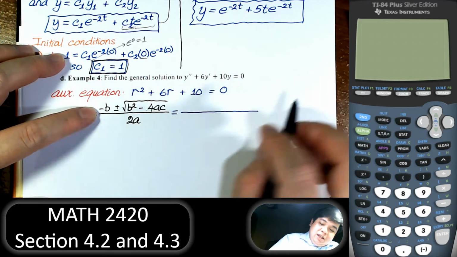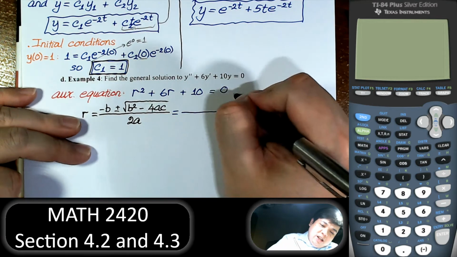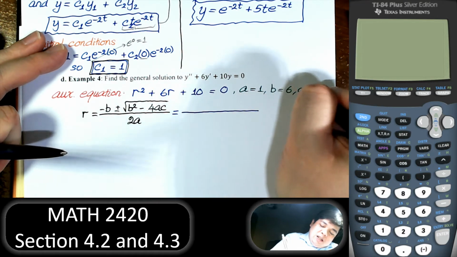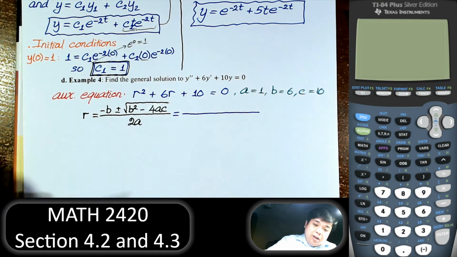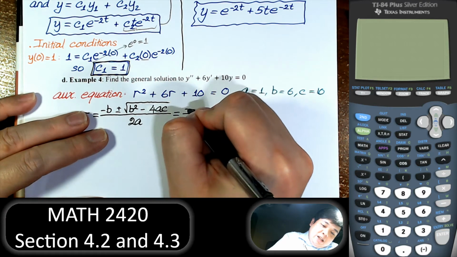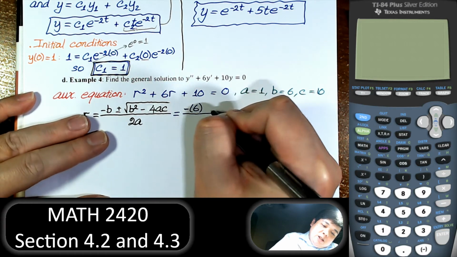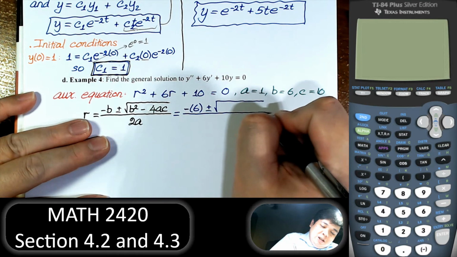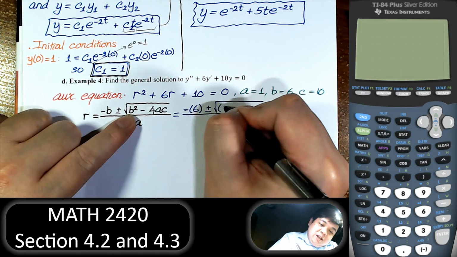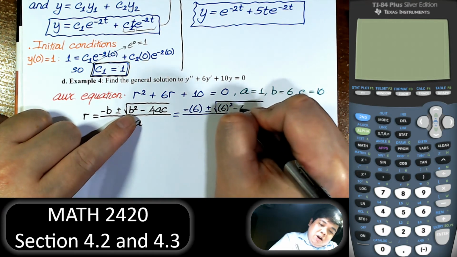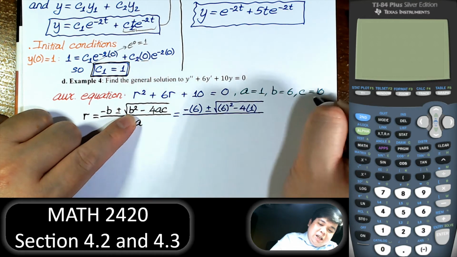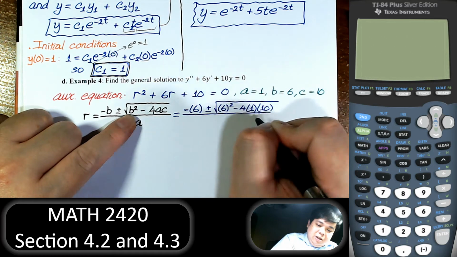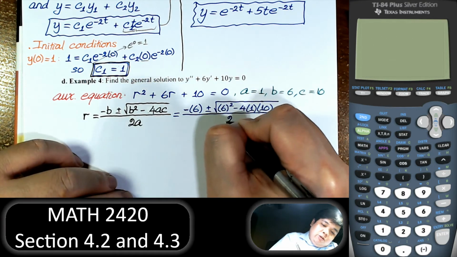Negative b, just write down the coefficients here: a is 1, b is 6, and c is 10. So negative b, negative 6, plus or minus the square root of b squared minus 4ac, over 2a.